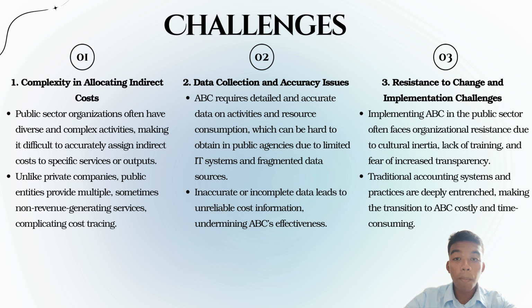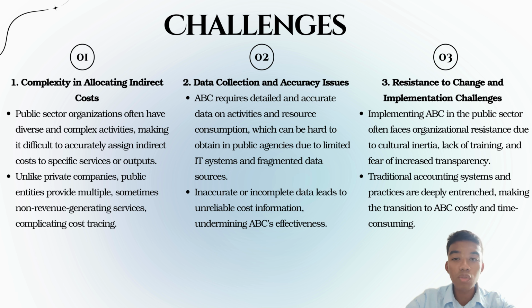Challenge 1. Complexity in allocating indirect costs. First, one of the biggest challenges is the complexity involved in allocating indirect costs. Public sector organizations often deliver a wide variety of services, many of which do not generate direct revenue.